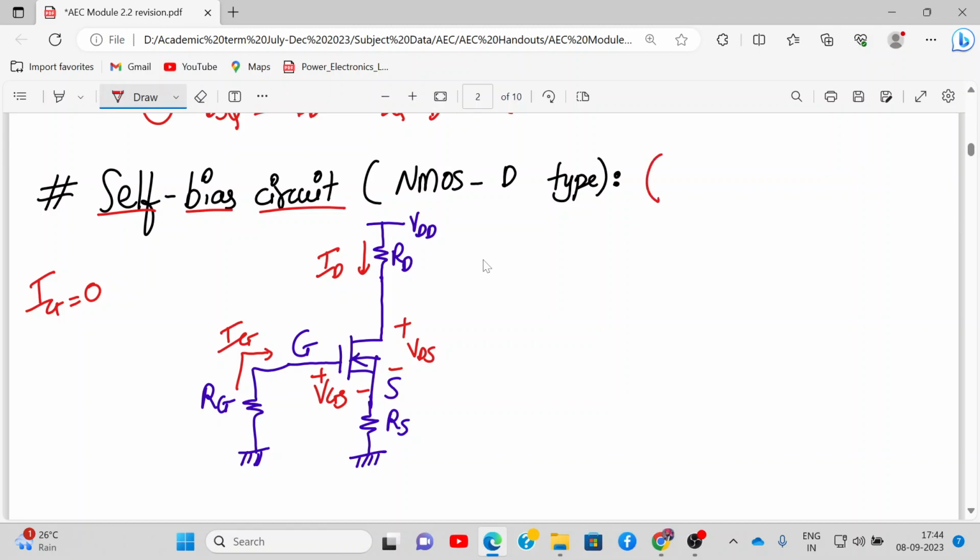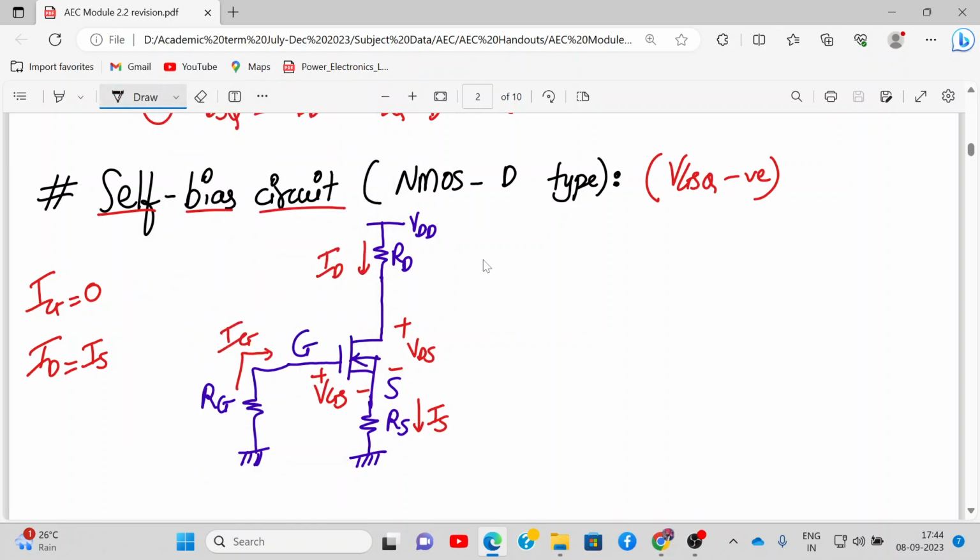So for these cases, your VGS will come out to be negative, right? This circuit is for VGS equal to negative. Let's see why. And also remember the current ID and current IS are one and the same. So drain current and source current are the same, so we can write them interchangeably.